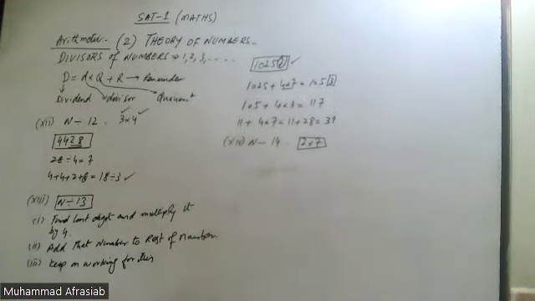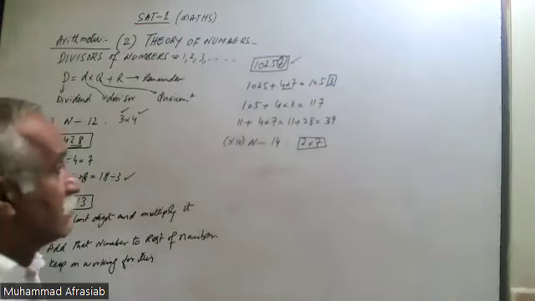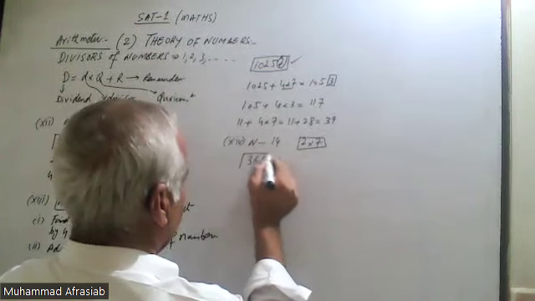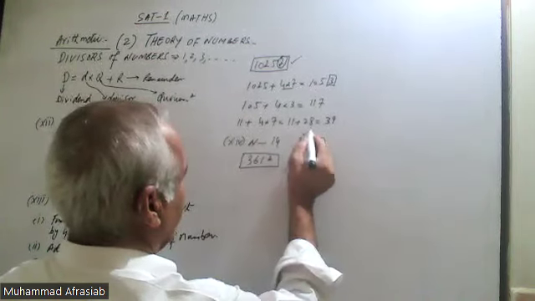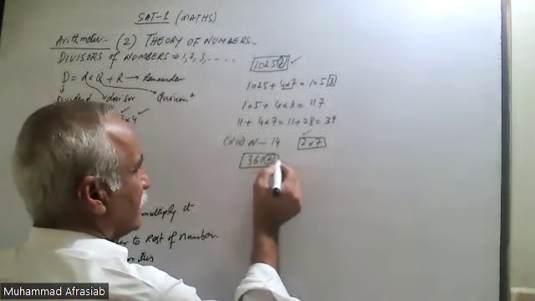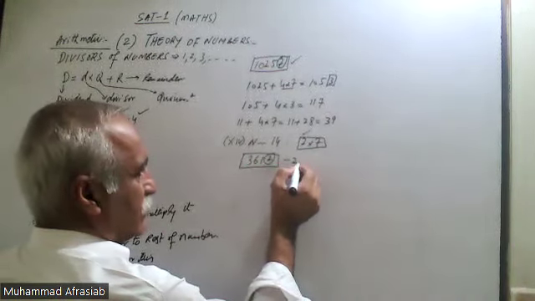For example, 3612. First, we will check 2. Since the last digit is an even digit, this is divisible by 2.